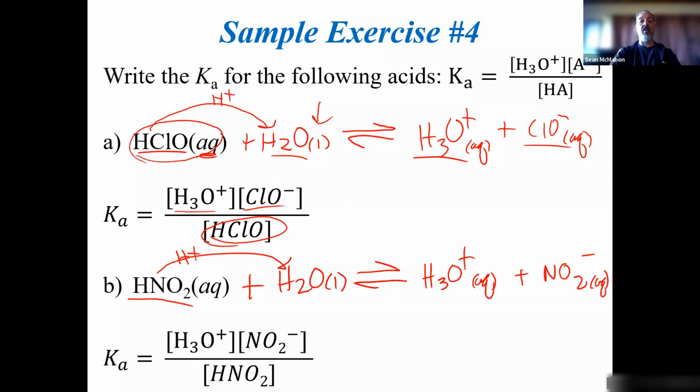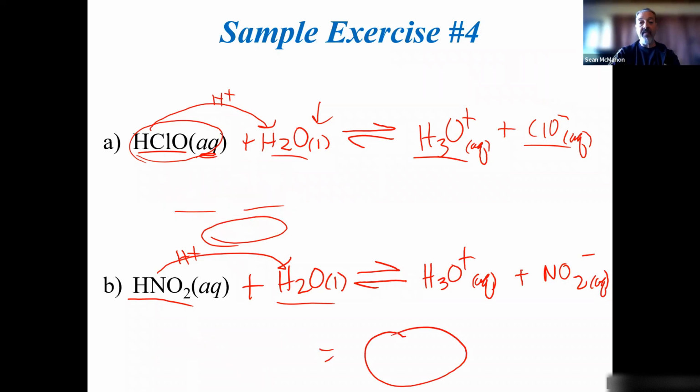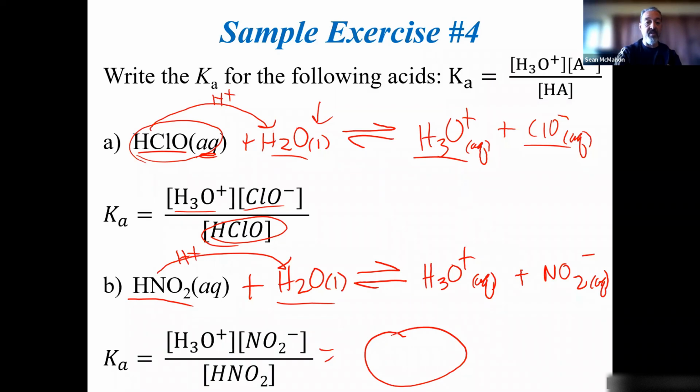So what do I do now? Products over reactants, and I leave out the water because it's liquid. So if I was actually given the concentrations of each of these, I could solve for that Ka value. Or if given the Ka and two of the concentrations, then I could solve for one. So this ties into that earlier chapter.